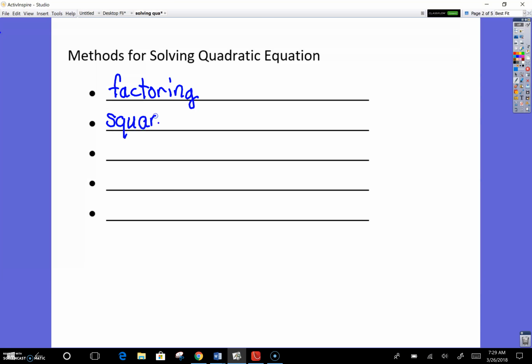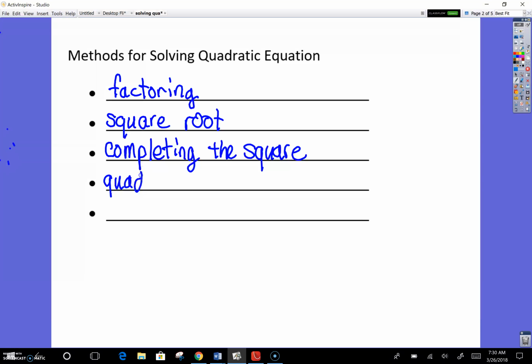This is the process you're going to learn today. Then you're going to learn completing the square, and then the quadratic formula, and then finally, by graphing.